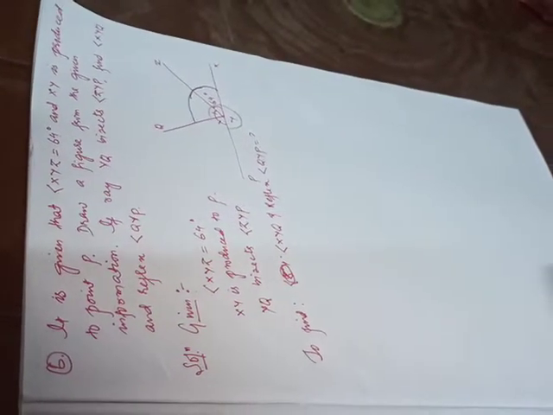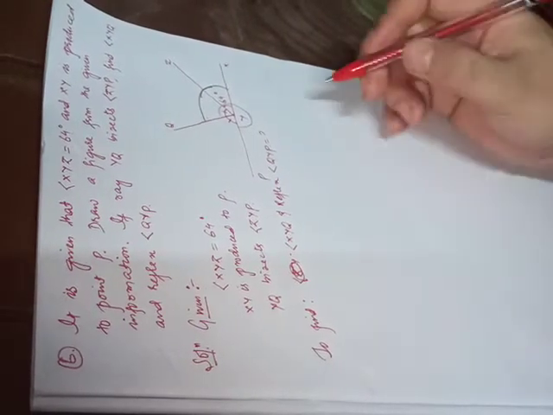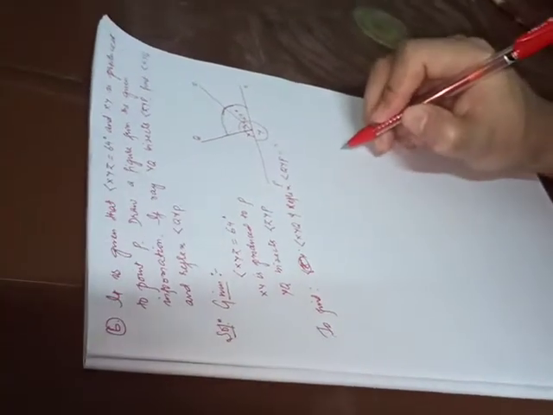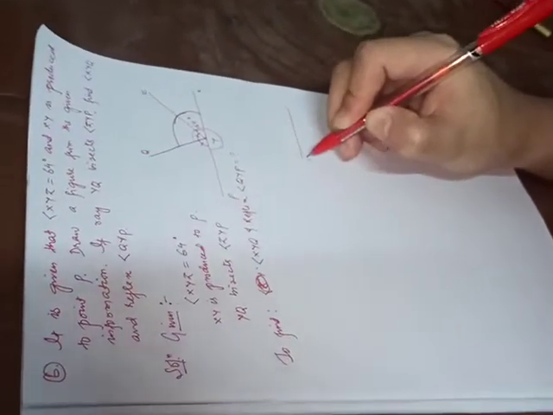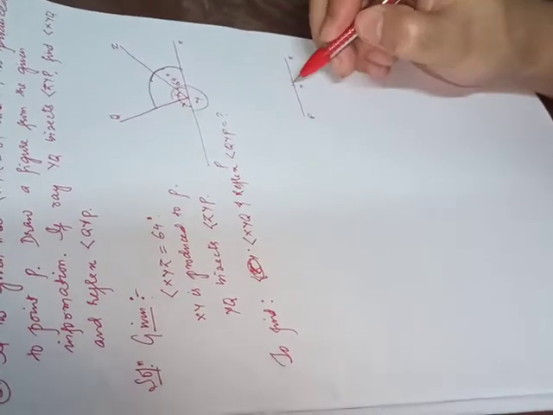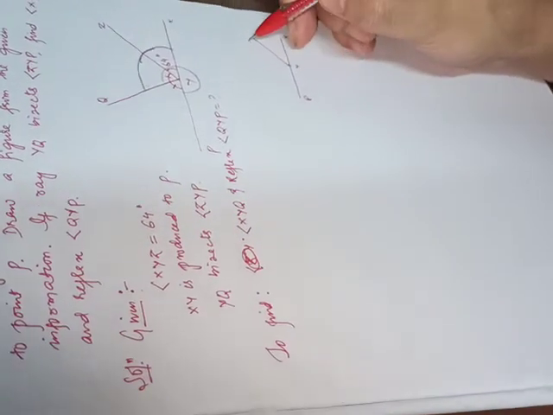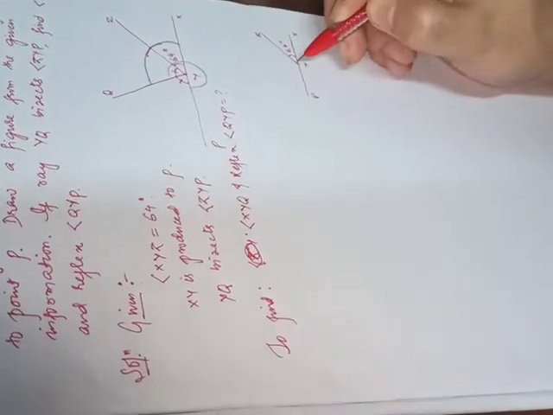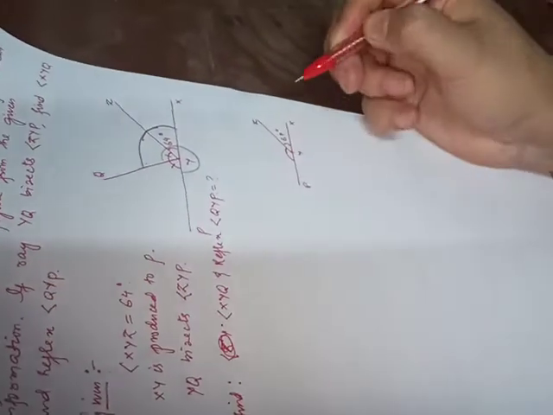Now I'm going to break up the figure again here also. Let's take PYX. Angle XYZ is 64 degrees, so the sum of this angle and this angle forms a linear pair.